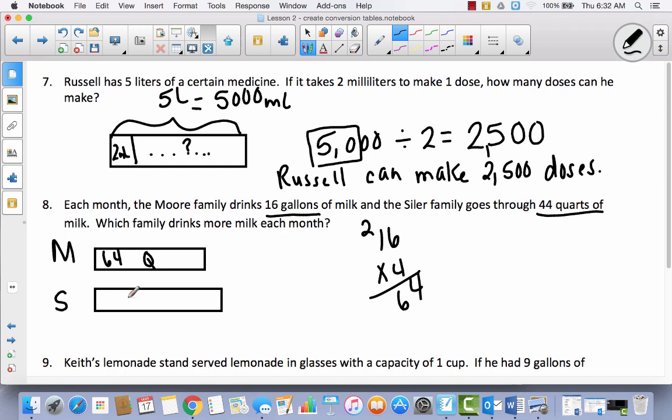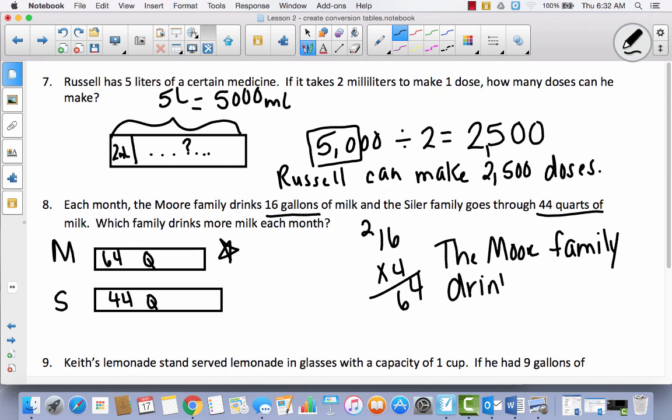And the Seiler family drinks 44 quarts. So actually I've got this backwards. So which family drinks more? It would be the Moore family. The Moore family drinks more milk.